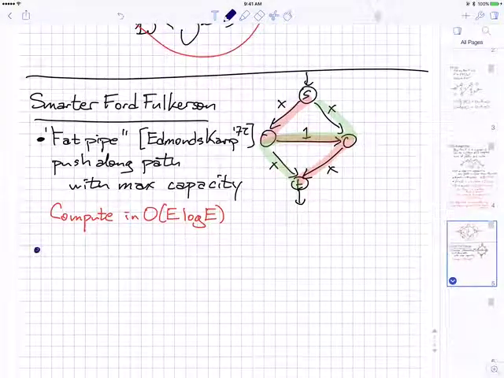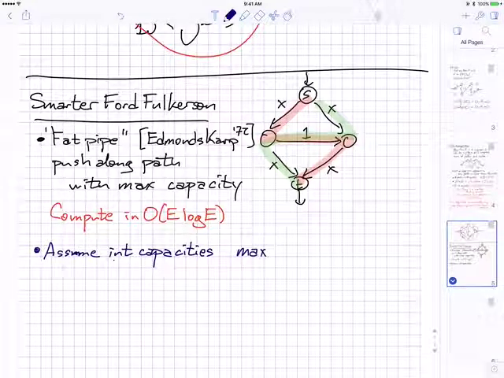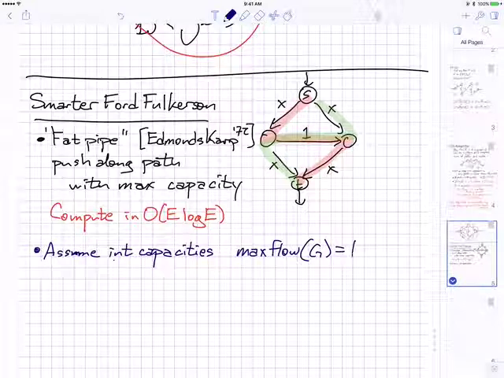So let me assume, because I actually need to, I'm going to assume integer capacities. And I'm going to assume that the maximum flow value in G, I'm just going to call this capital F. Right? This is the value of the maximum flow in the original network. In this example, capital F is equal to 2x.